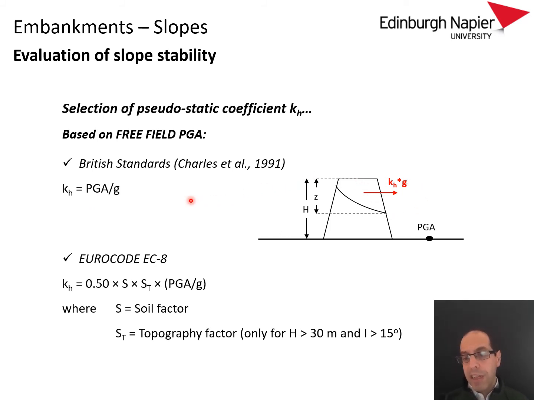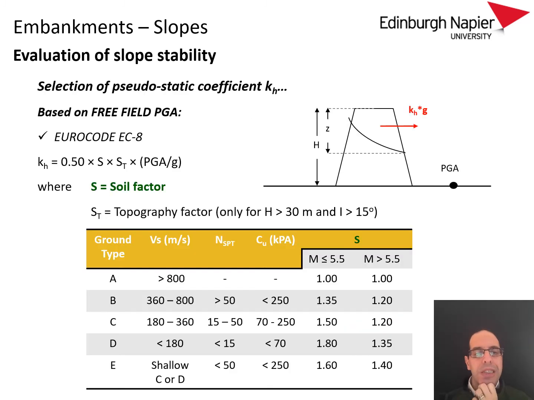And Eurocode 8, which again is what most of you will have to deal with, has a specific assumption which extends that assumption of a fraction of the PGA acceleration, but has a soil factor and a topography factor for the cases in which you have large dams, large embankments, or large inclinations. Please note that the Eurocode is based on free field PGA values, just as the sketch is showing you here, not at the crest of the dam.